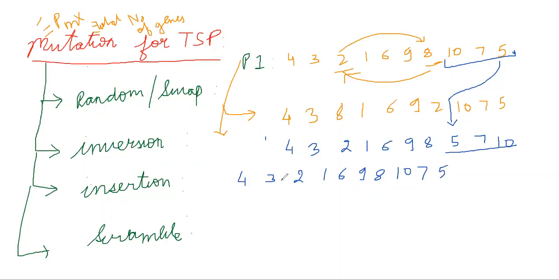So to apply insertion, I again pick my random elements. Let's say I have picked these two, 3 and 7. Once I have picked them, I will write 4 as such, and I will maintain the rest.